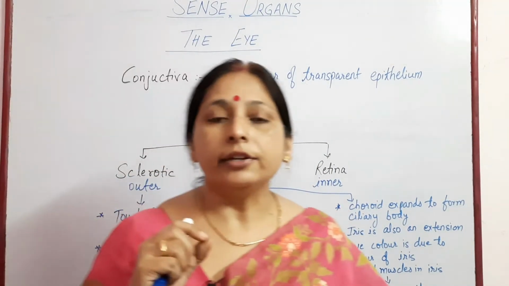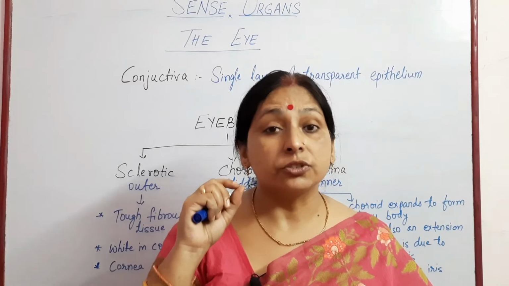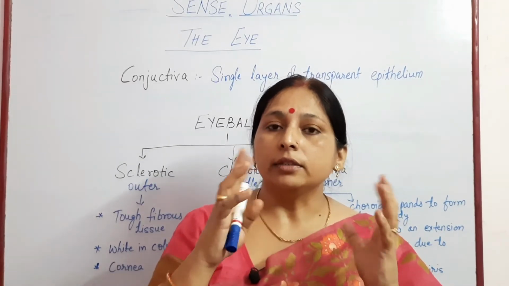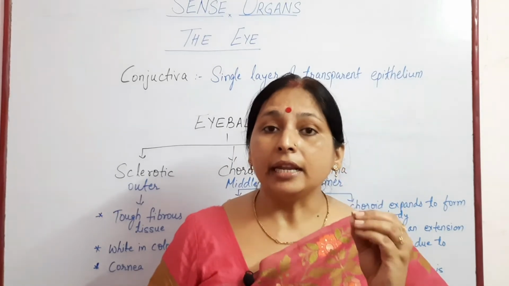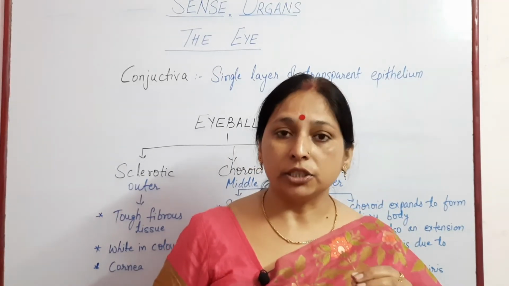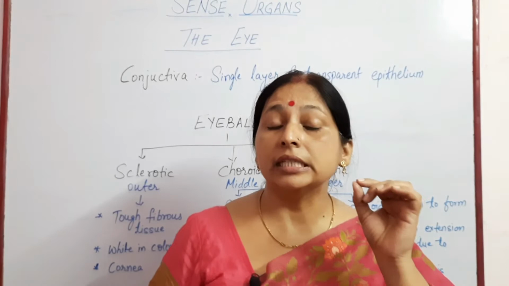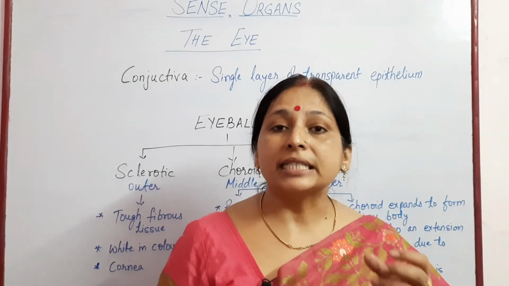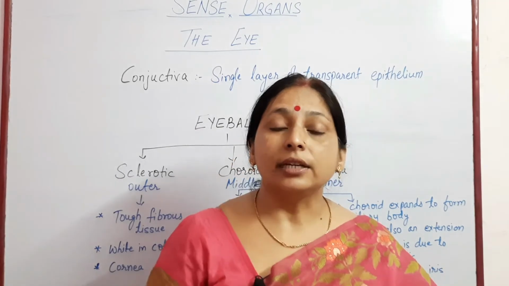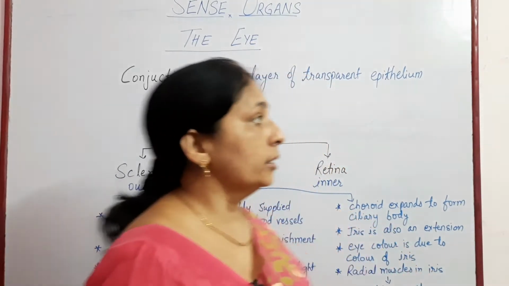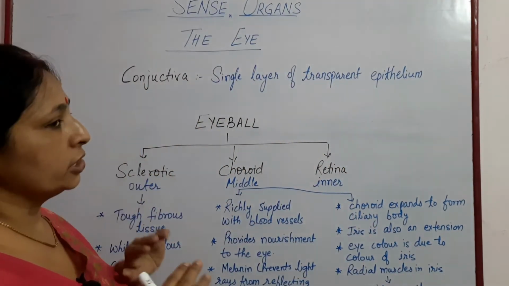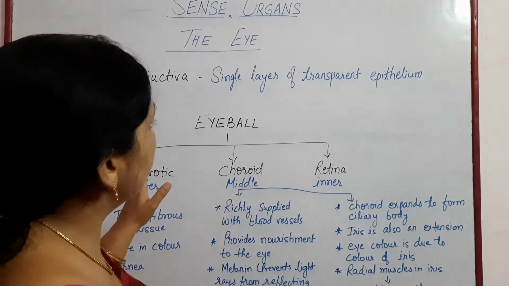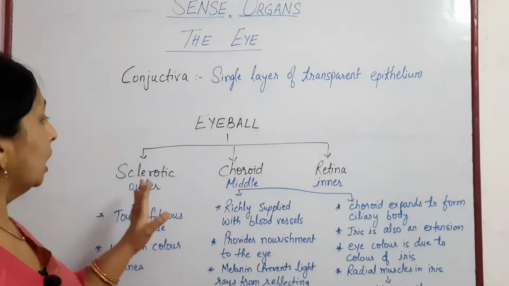A single layer of transparent epithelium covers the eyeball, or it covers the complete structure. An infection in the conjunctiva, in this transparent covering, results in a disease known as conjunctivitis, that is, redness of the eye.